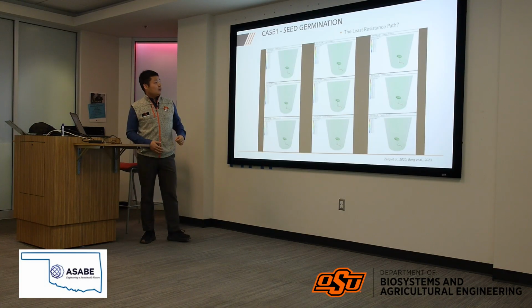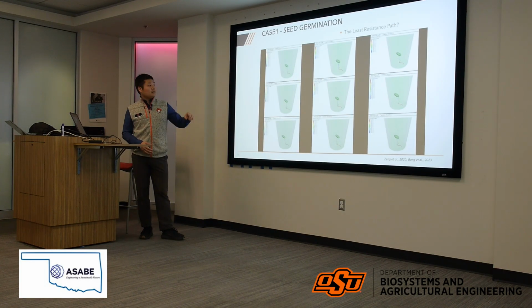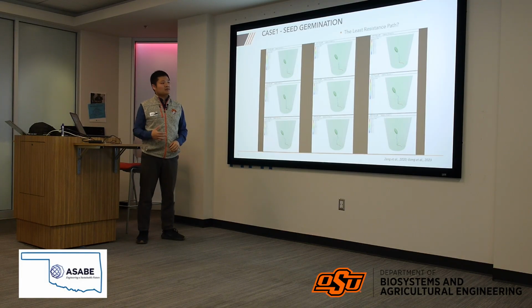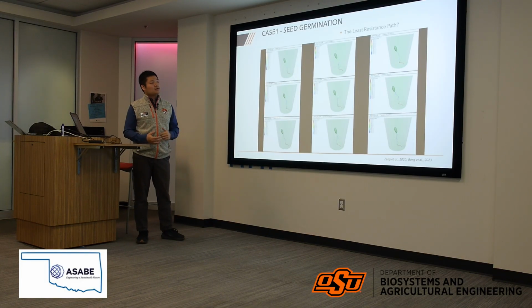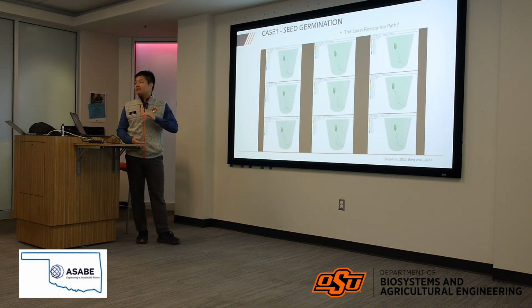We can track the path the seed takes based on different soil conditions, different soil types, and then we can measure the force, moment, and also the distance traveled from the stem depths to the soil surface.